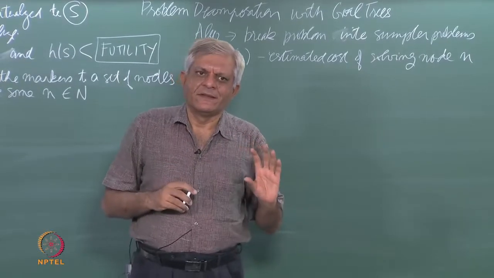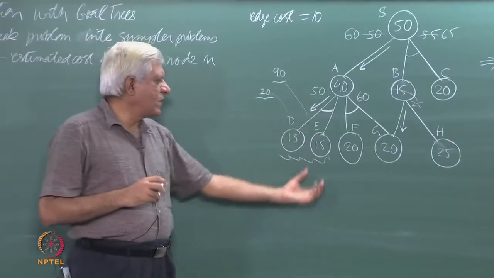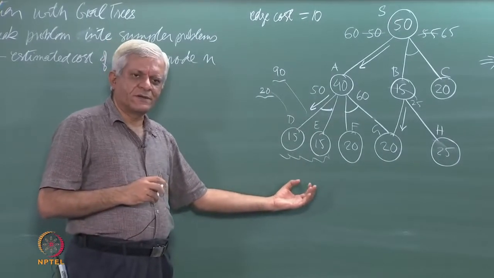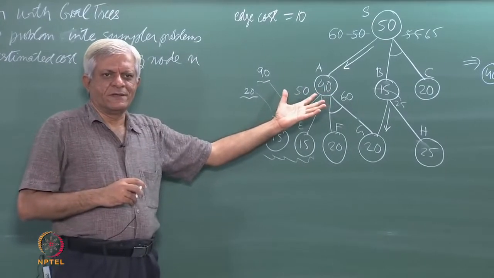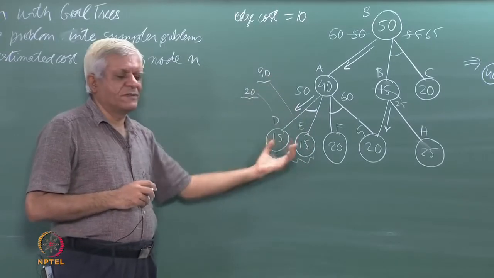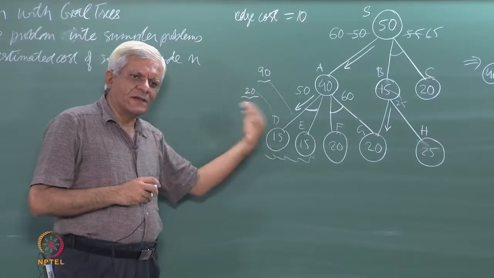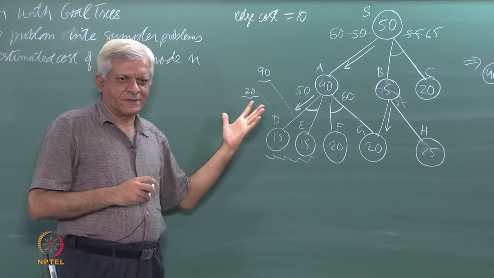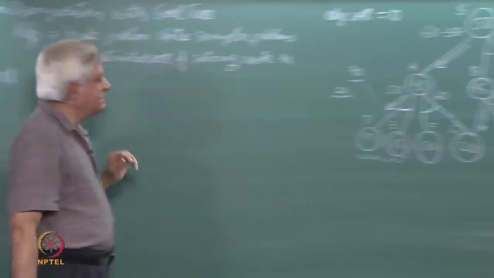The idea being that if you solve for D and then for E and then the solution cost shoots up, you will have to shift attention to the other side anyway, so that extra work would be wasted. Whereas, if you try to solve the more expensive thing first, then you will get to know early whether it is too expensive or not. That is the only idea, but if you have to solve for both, you have to solve for both.